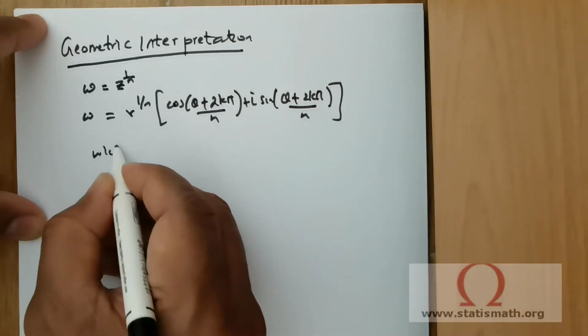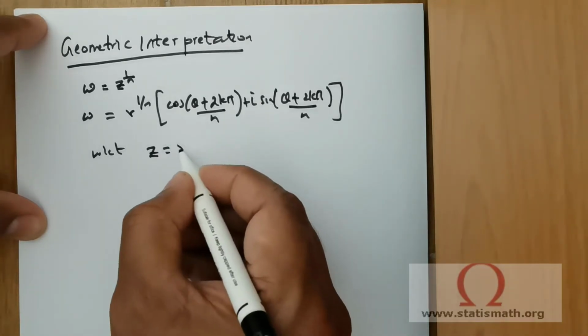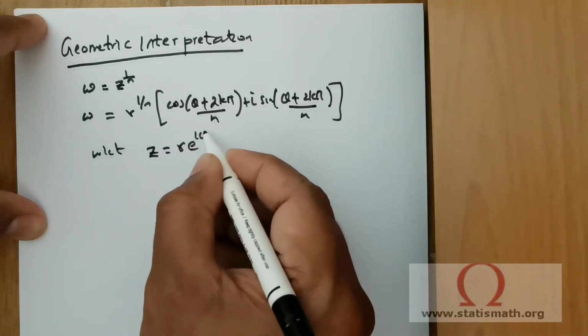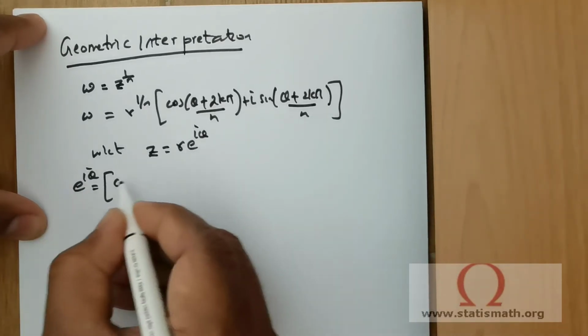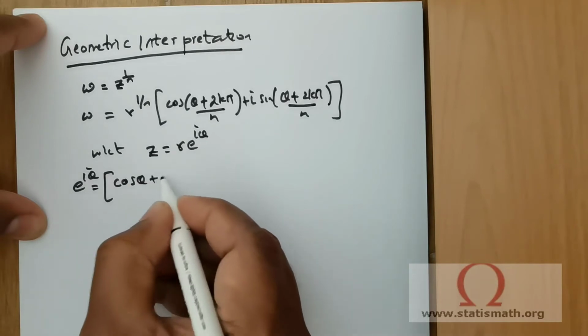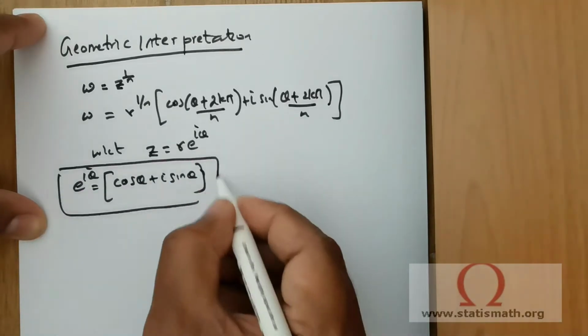Now we know that if z is any complex number, then I can write it as r times e power i theta. Now e power i theta is actually equal to cos theta + i times sin theta. Okay, we have studied all this.